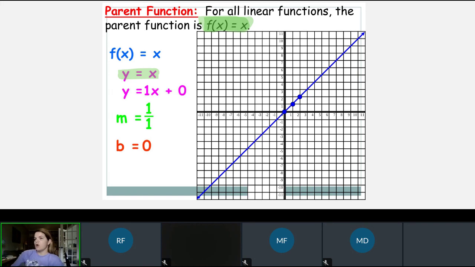Well, since it's just y equals x, that's the same thing as y equals 1x plus 0. So our y-intercept, or b, is going to be 0. That means this parent function, as you can see here, let me do it in red, is going to start at the origin.